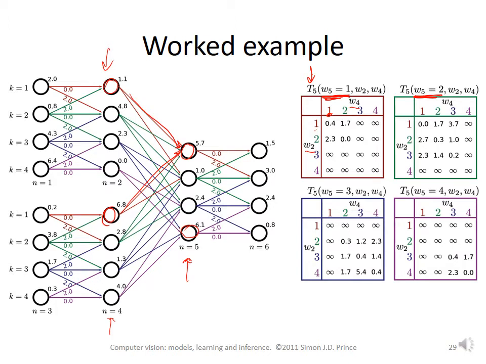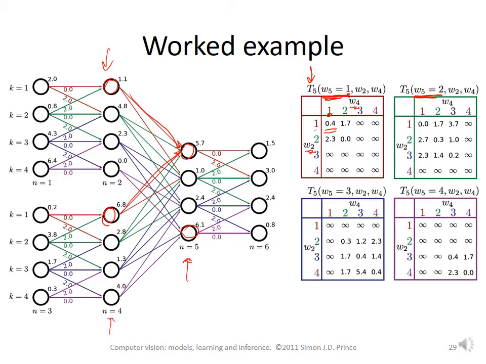We see that the ternary cost there is 0.4. So someone has given this to us, right? We've learned it in the previous step. Some oracle has told us that. So we know what the ternary cost is of that combination of labeling 1, 1, and 1 for W5.